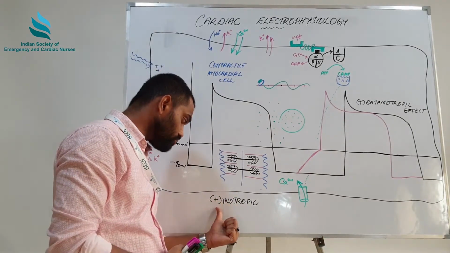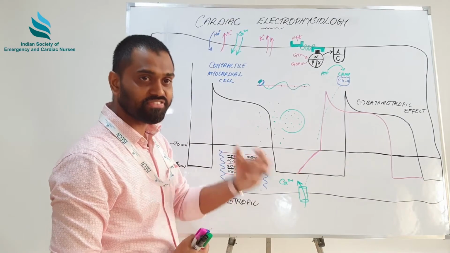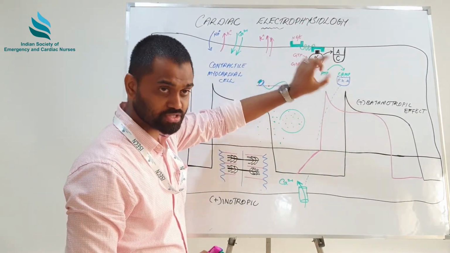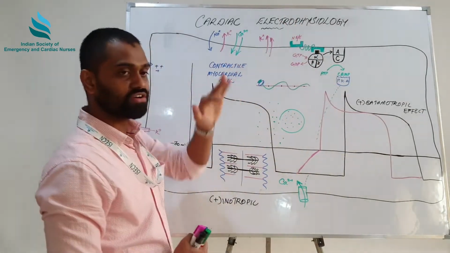So positive inotropic effect and positive bathmotropic effect are the effects which we have under autonomic nervous system influence, specifically sympathetic nervous system influence in myocardial contractile cell.